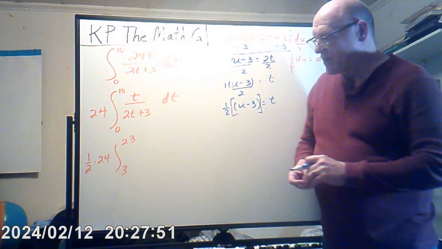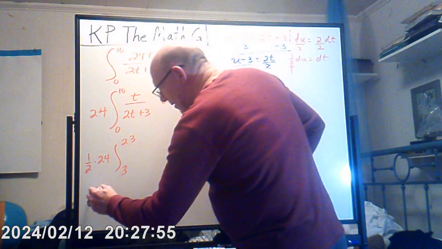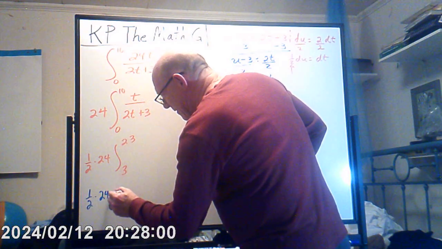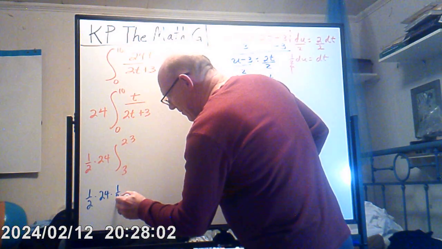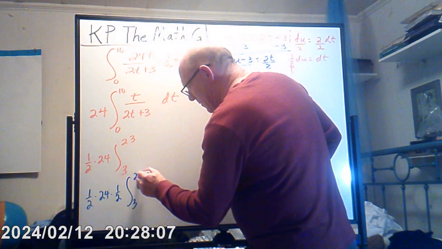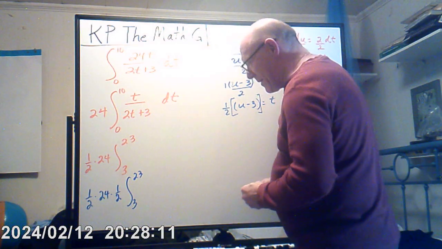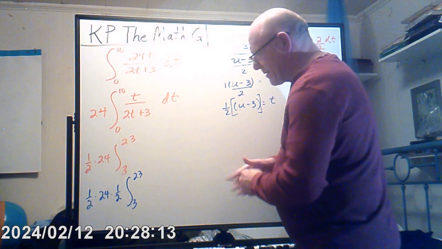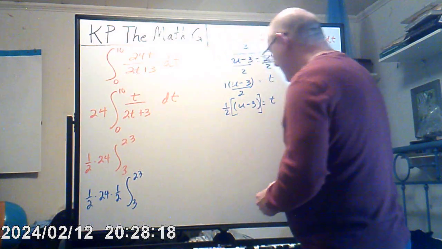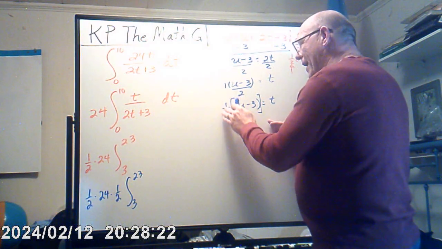So I already have 1/2 times 24 times another 1/2, from 3 to 23. I could have moved it up here, but I'm showing you each step one at a time. So I don't need to worry about that 1/2 now.